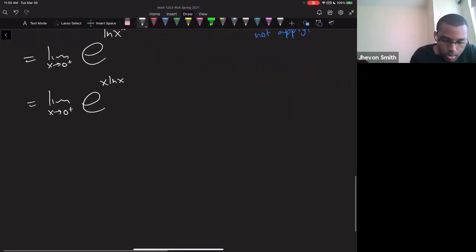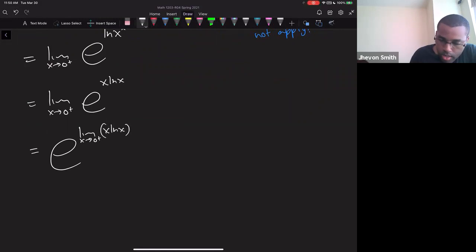And we know that this is going to be e to the limit of x ln x, because limits pass through continuous functions. We spoke about that a long time ago, continuous functions.